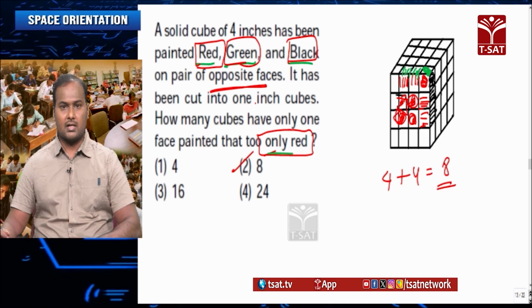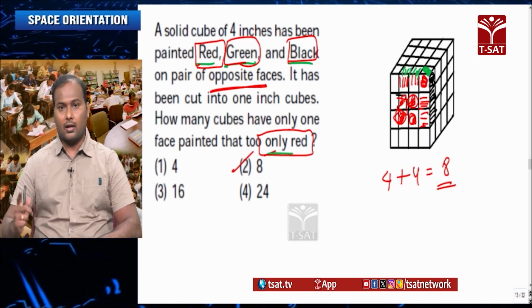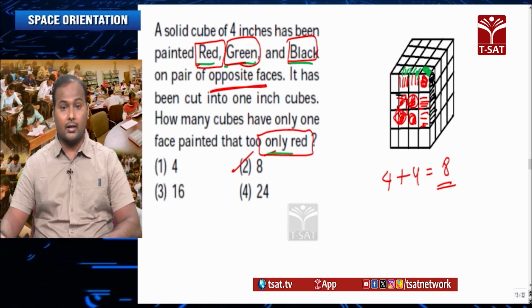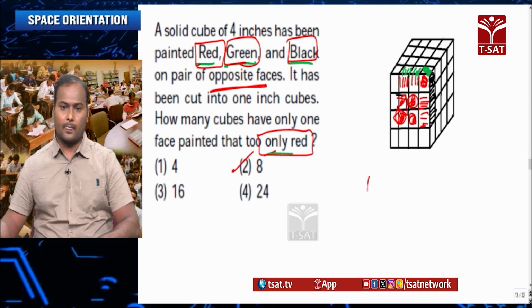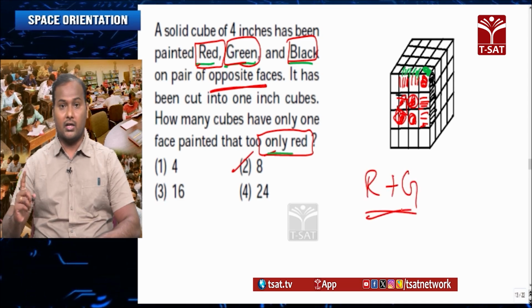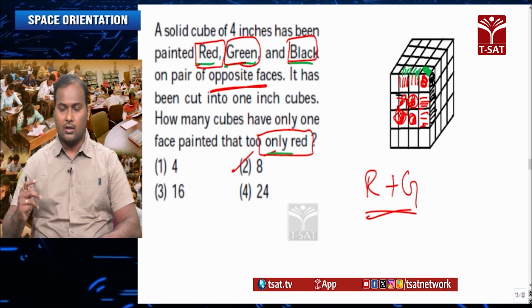If the same question is asking how many cubes with only red and green. How many cubes with only red and green? When it's talking about only 2, the 2 with red and green, now you have to take always edges, because on edges we have 2 colors, on corners we have 3 colors.